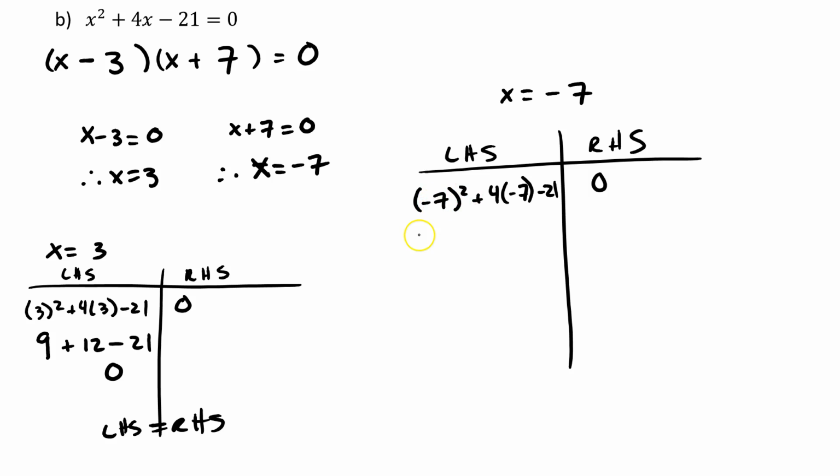Negative 7 squared is going to be positive 49 because the base is negative, and it's multiplied by itself 2 times, minus 28 minus 21. So I'm just going to do this a little bit backwards here. Negative 28 minus 21 is literally negative 49. So 49 minus 49 is 0. Left-hand side equals right-hand side, and we're done.